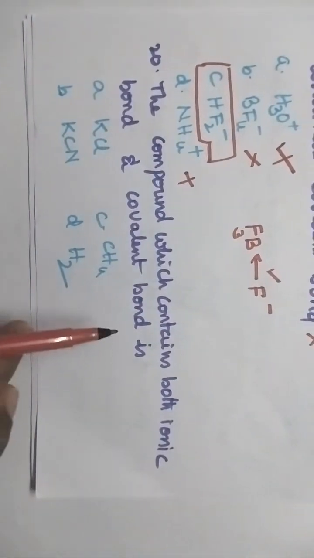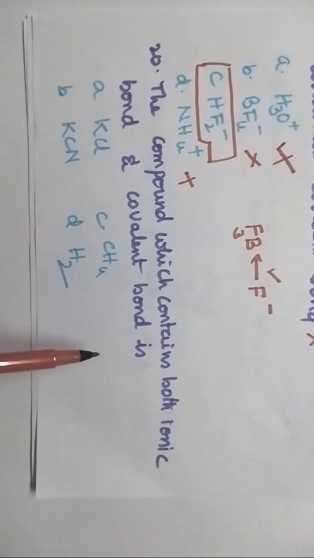The compound which contains both ionic bond and covalent bond is. So, in which of the following compounds both ionic and covalent bonds are present?